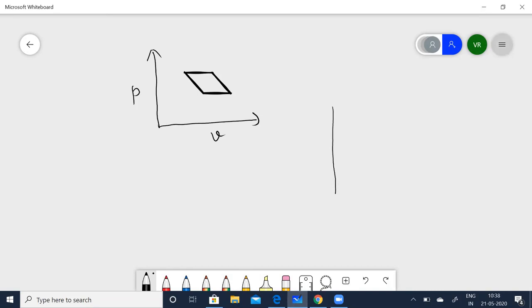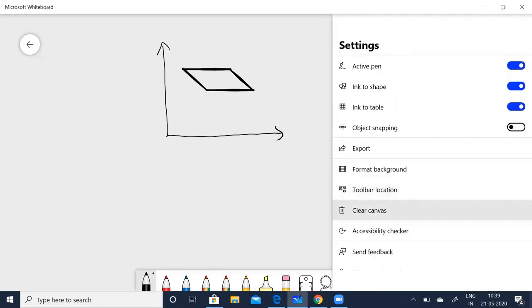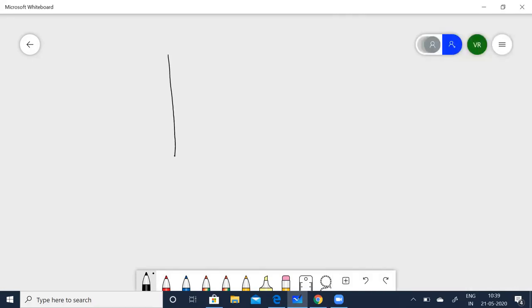Let me clear it and draw it again. Oh, again, it gets aligned. Let me not touch it. I think when it touches, it gets aligned like that.